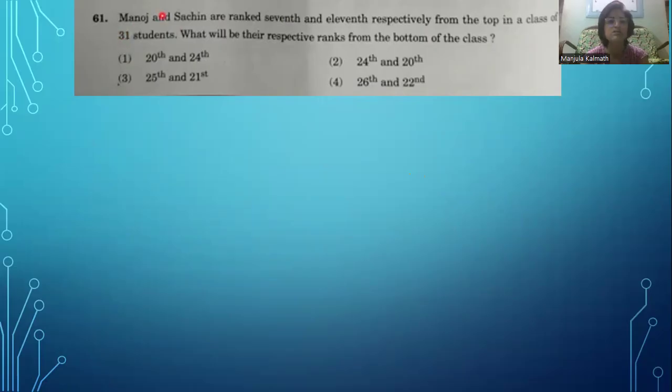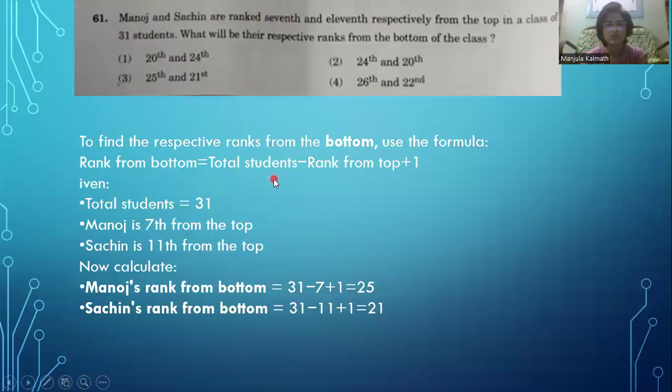Among the 31, they are ranked 7th and 11th from the top, and we need to find the positions of the 7th and 11th ranks from the last number, that is 31. The formula is 31 minus 7 plus 1 and 31 minus 11 plus 1. So the answer is 25 and 21.